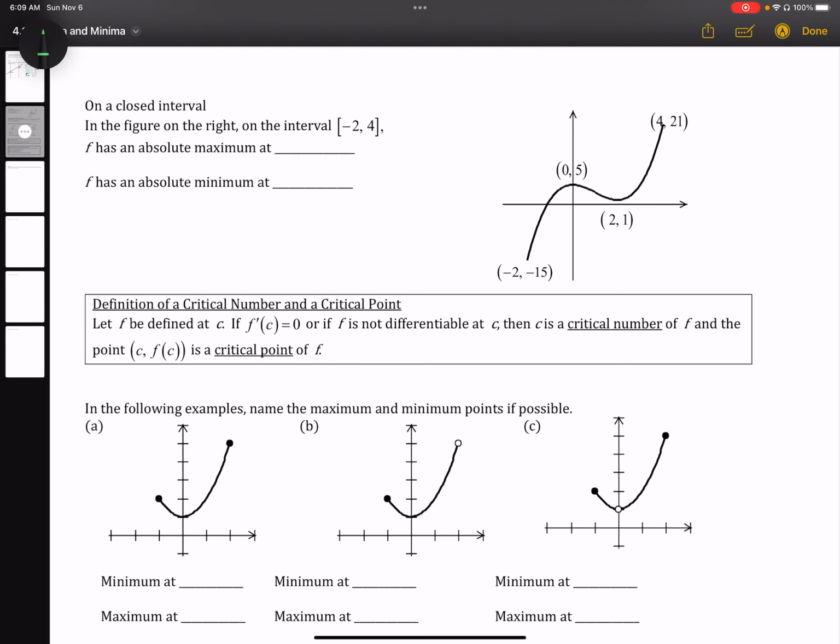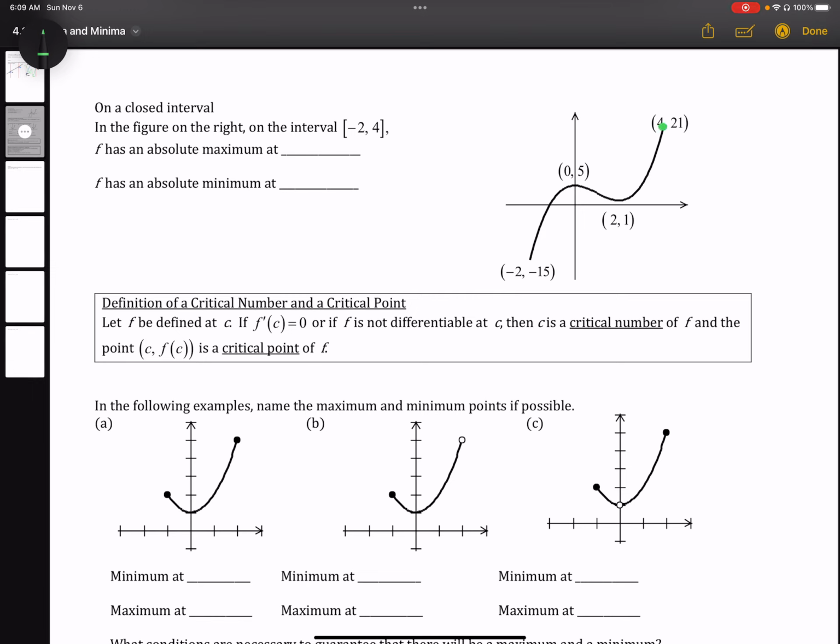So in this graph that we have off to the right, on the interval from -2 to 4, our absolute maximum is just the highest value between x equals -2 and x equals 4, and we're considering the y values. So it seems like our maximum occurs here. It has a maximum value of 21 at x equals 4, then it seems like we hit our minimum value of 15 at x equals -2.